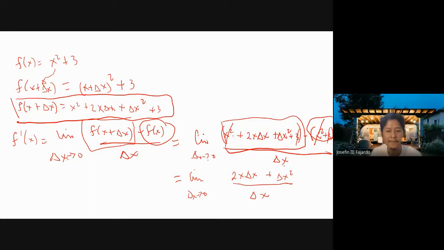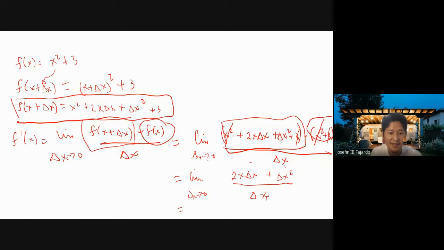If you would remember sa lesson natin sa limits, pwede na tayo mag-substitute, di ba? Pag sinubstitute natin si delta x na 0, 0 over 0, di ba? Pag 0 over 0, pwede tayo mag-cancel. We can simplify or i-factor out si delta x sa numerator or divide natin si delta x.